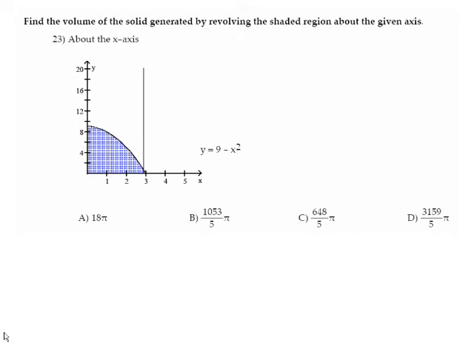The radius of the disk, we're going to use the radius of the disk is going to be equal to 9 minus x squared. So the radius squared of x is going to be 9 minus x squared.